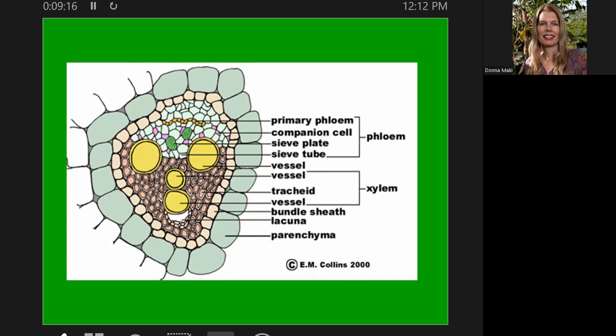It's amazing. And so what you're looking at, the eyes, the nose, the mouth, those are all the vessel type xylem. Those are the big vessels. And then the cheek area is the tracheids, so smaller xylem. And then the forehead is the more delicate phloem.